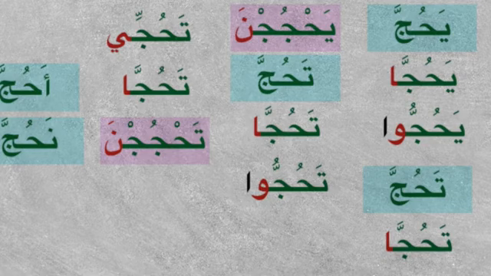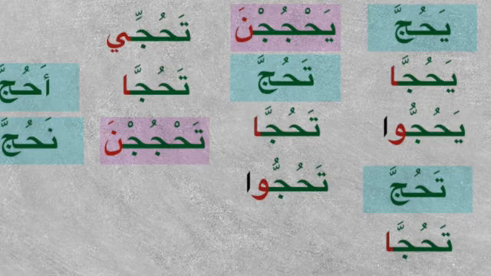So if you take yahujju, it will be majzoom yahujja, and yahujja, yahujju, tahujja. Yahjujna will remain yahjujna, it doesn't change, it is mabni, and the noon comes and goes.